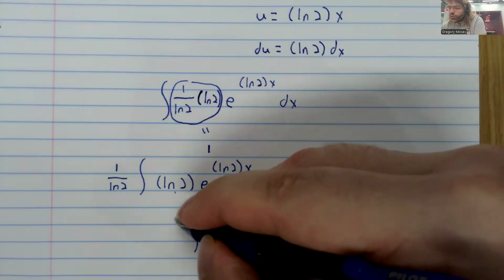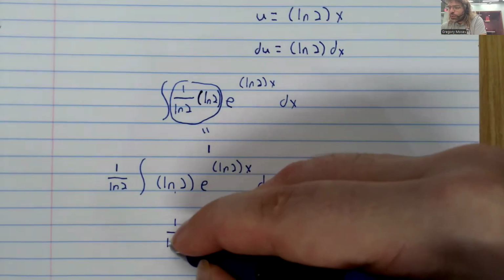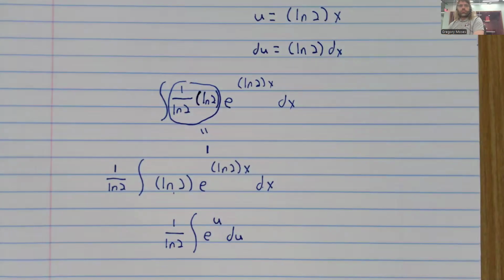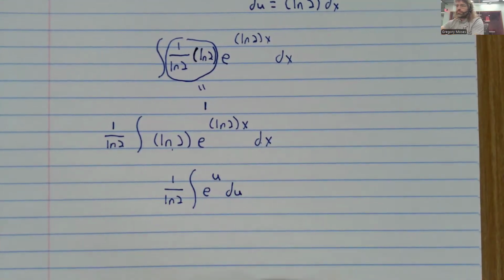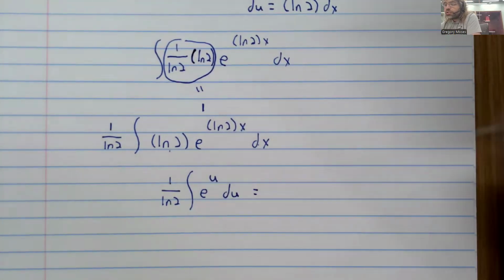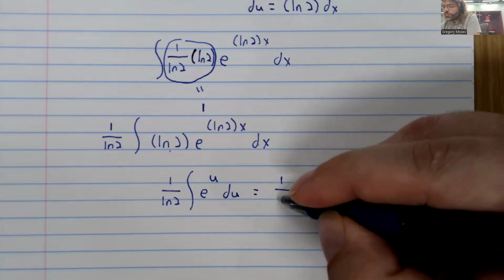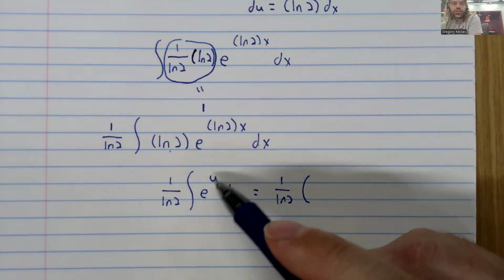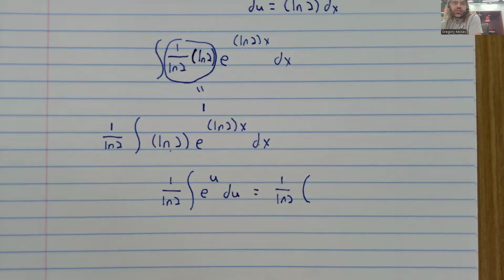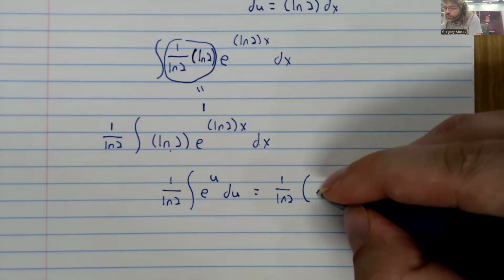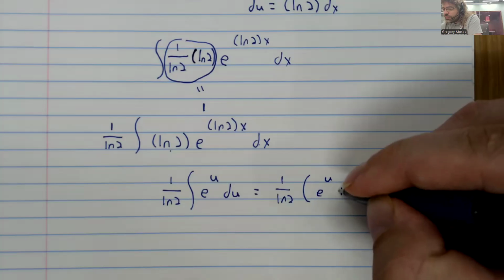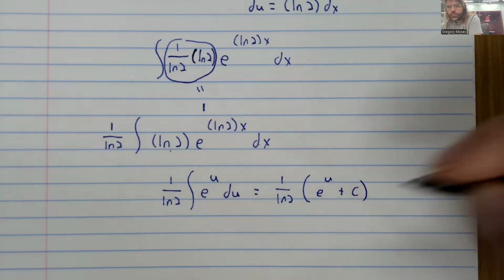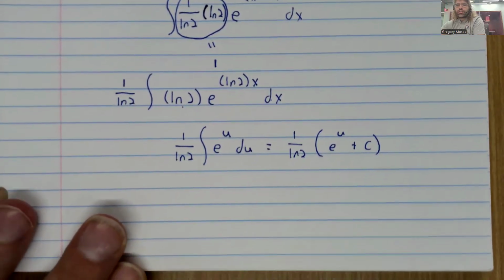Outside the integral, I have this 1 over the natural log of 2, and I can integrate. The integral of e to the u du is e to the u, with our constant of integration.